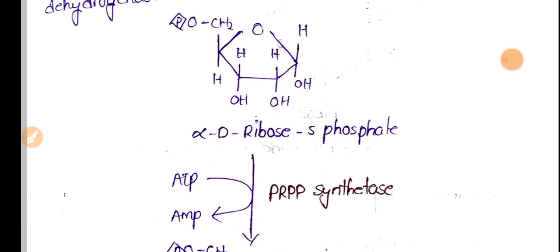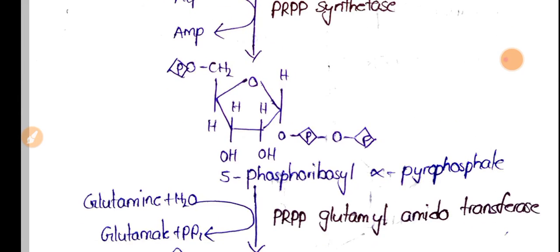This ribose 5 phosphate is converted into 5 phosphoribosyl alpha pyrophosphate with the action of the enzyme phosphoribosyl pyrophosphate synthetase. This is the enzyme which will convert ribose 5 phosphate into PRPP, that means phosphoribosyl pyrophosphate, and it is an ATP dependent enzyme.